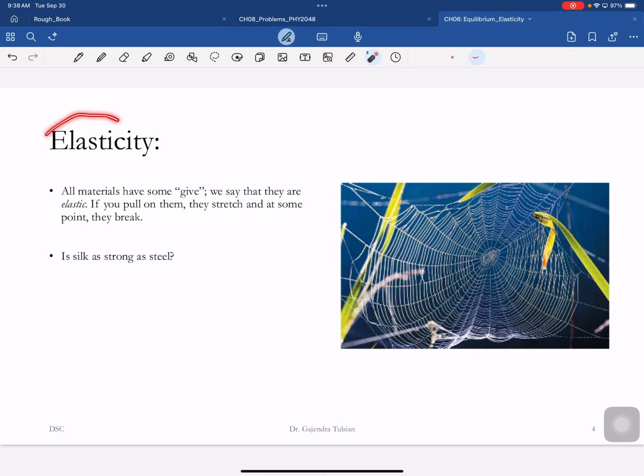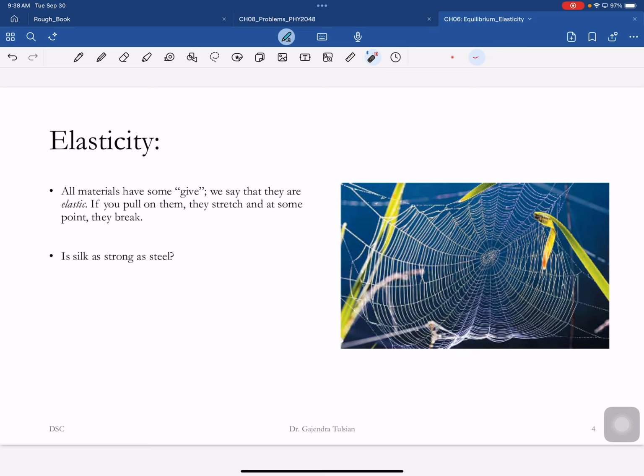All right, so here's an example of elasticity. All materials have some give, even your bones give. We say that they're elastic. So for instance, when I jump, my bones compress, and now that I'm stationary, the excess force is gone, my bones stretch back to their original length.